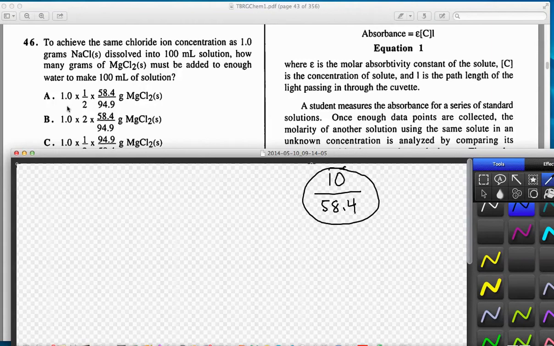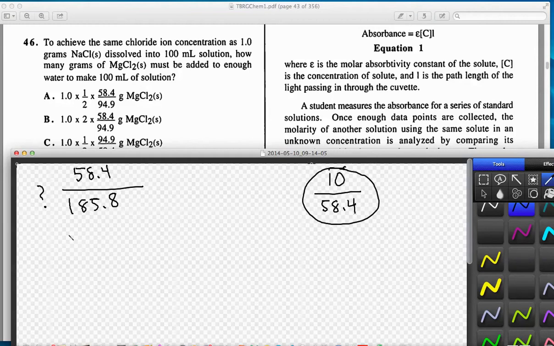So when I look at this guy right here, this is 58.4 over 185.8. Okay. Now that's ambiguous, so we'll think about that one.